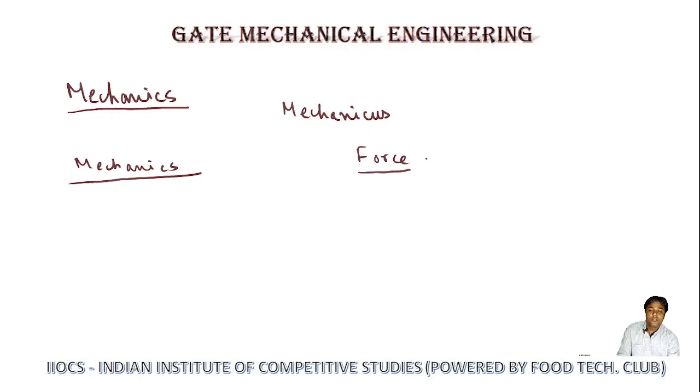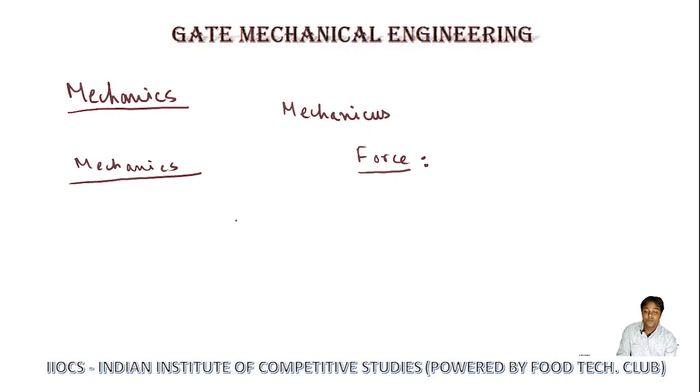Well, we already have an idea about force as we studied it at school level, but still I am telling you the definition of force. Force is an external agent which changes or tries to change the state of rest or the state of motion of a body. So, what is that actually?